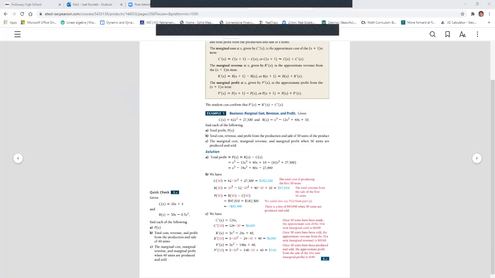Example 1. Given that c of x is equal to 62x squared plus 27,500, and r of x is equal to x cubed minus 12x squared plus 40x plus 10, find each of the following.